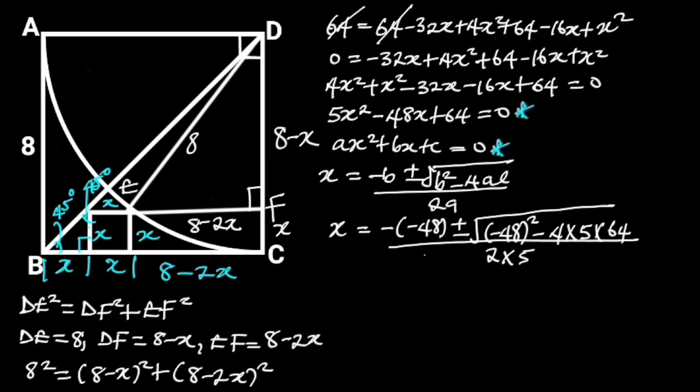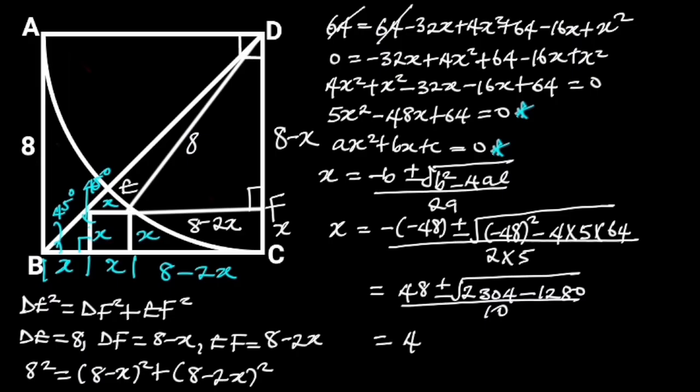Simplifying this will give us 48 plus or minus the square root of 2304 minus 1280, all over 10. 2304 minus 1280 is 1024. So we have 48 plus or minus the square root of 1024, all over 10. The square root of 1024 is 32.